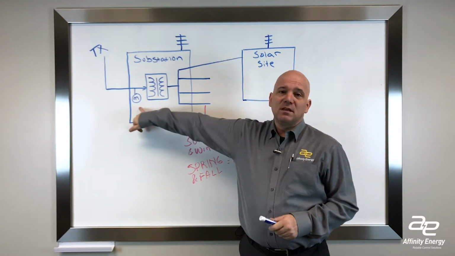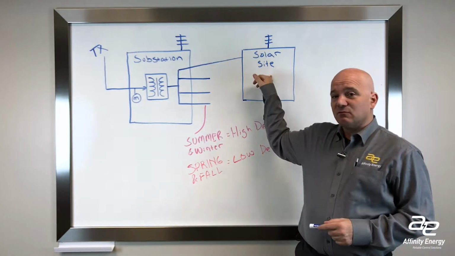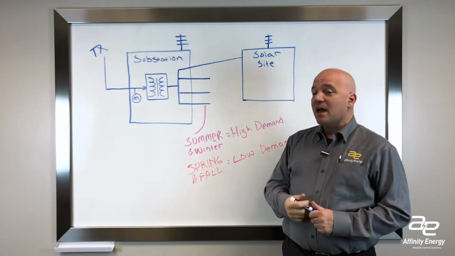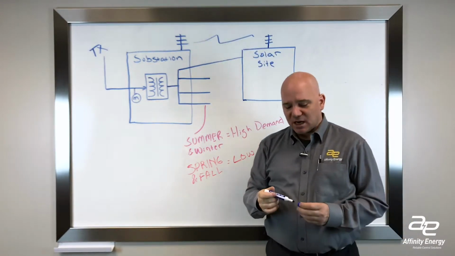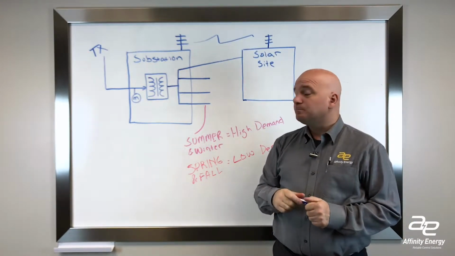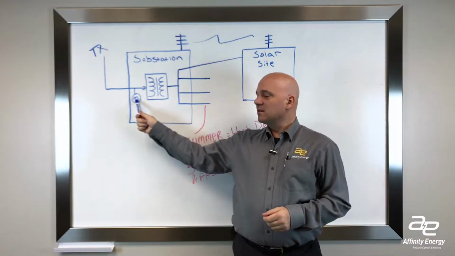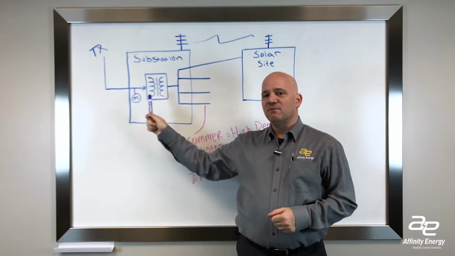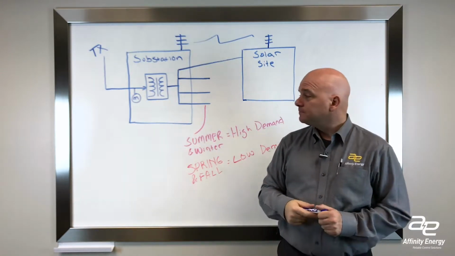So they've got a meter that measures how much power is coming in. And then we have a solar site that's right down the street, and we have some telemetry, a secure wireless connection between the substation and the solar site. All we're doing is monitoring that meter information to verify what the substation is taking in from transmission.